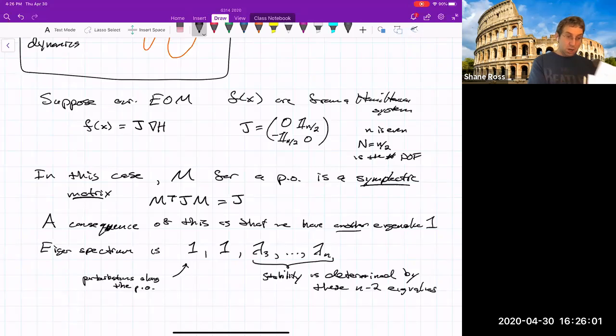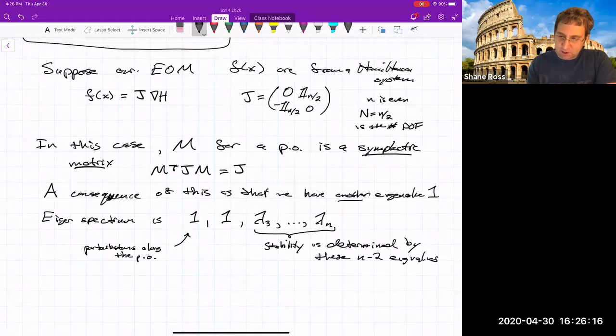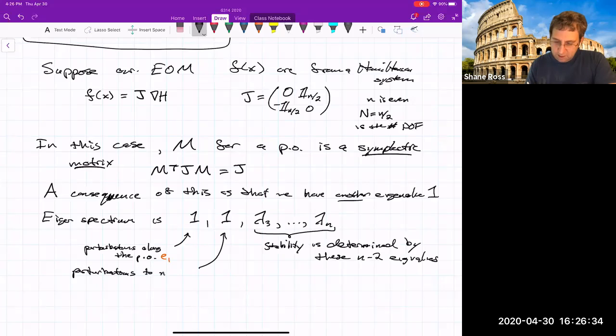The second one is more interesting. Maybe I'll call this direction E1. This one corresponds to perturbations to nearby periodic orbits on nearby energy surfaces.